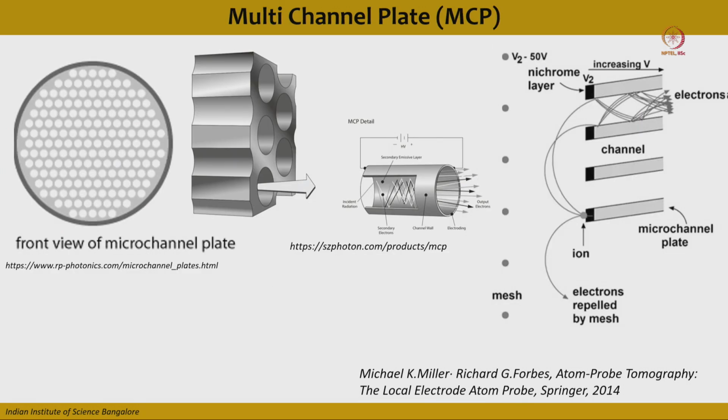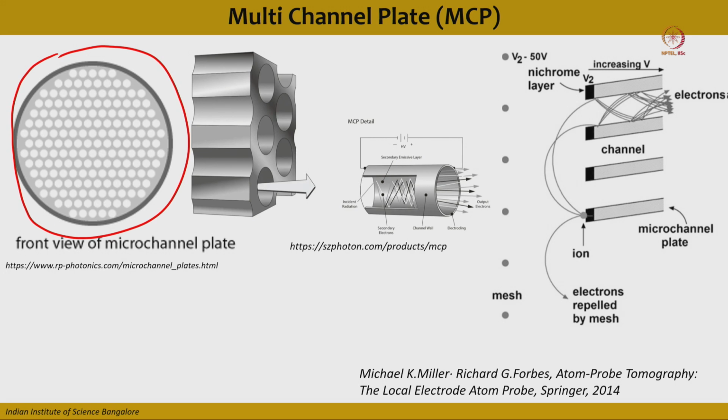Now, if you talk about multi-channel plates, in the left side I am showing you a mesh type of thing. This is a typical MCP plate as seen exactly from the perpendicular direction.